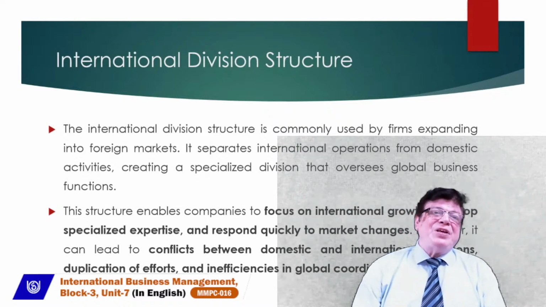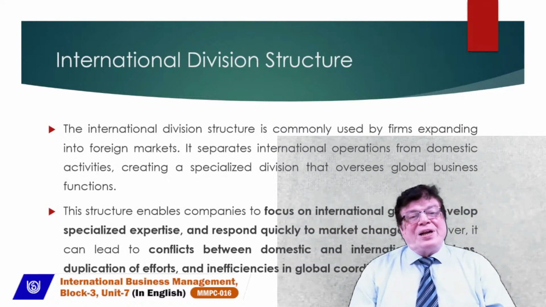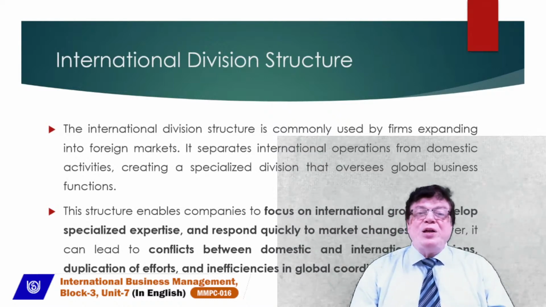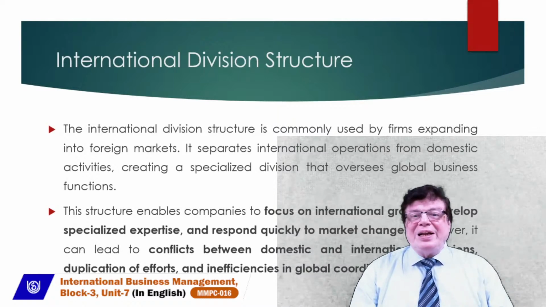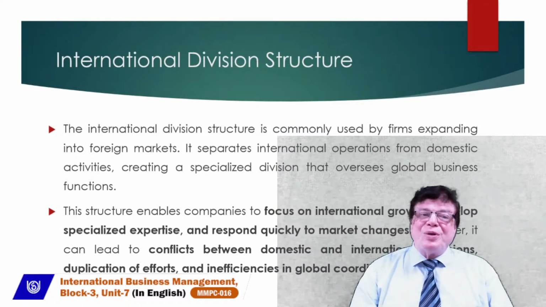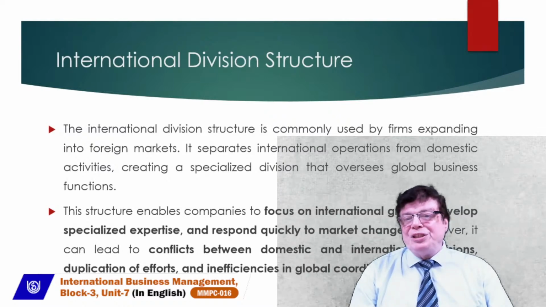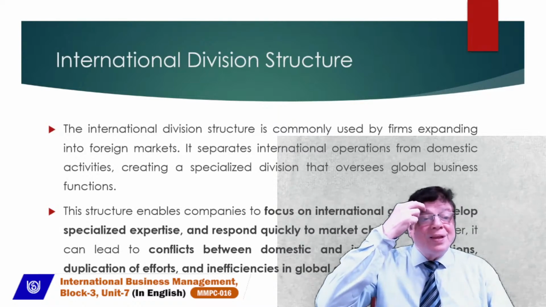So, in this slide, we have studied international division structure. The international division structure is commonly used by firms expanding into foreign markets. It separates international operations from domestic operations, creating a specialized division that oversees global business functions.